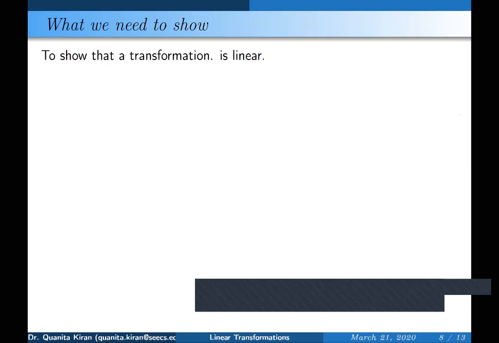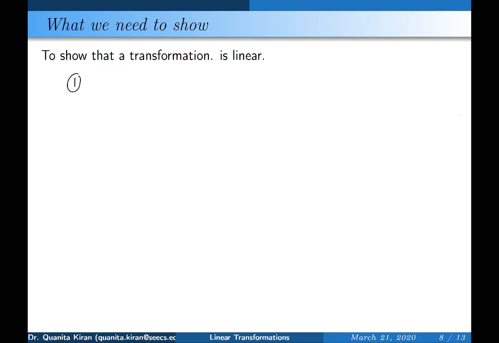Now if we need to show that a transformation is linear, then what do we need to show? We need to show two conditions.